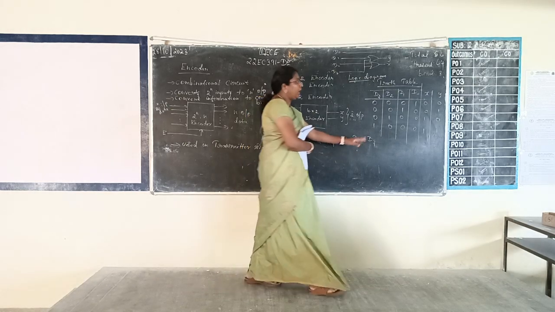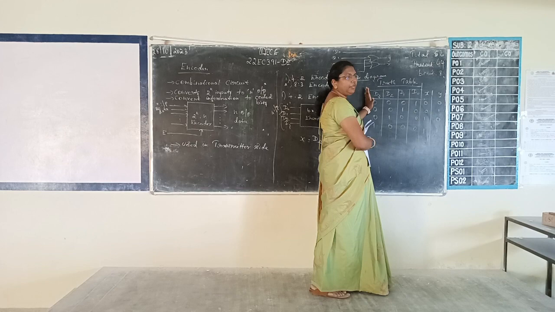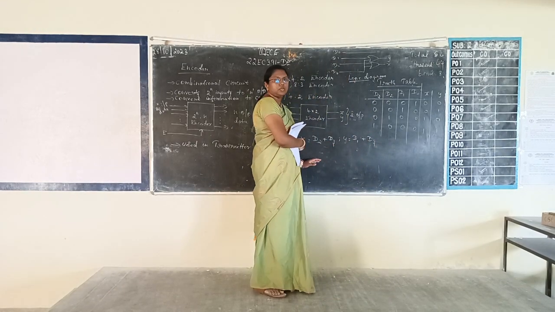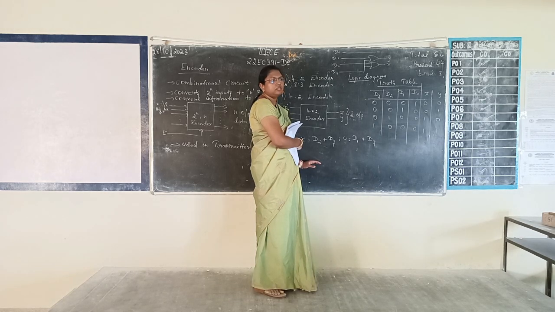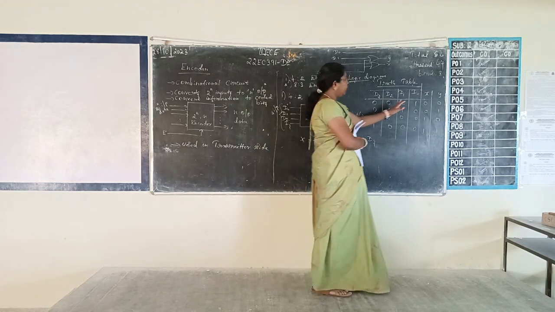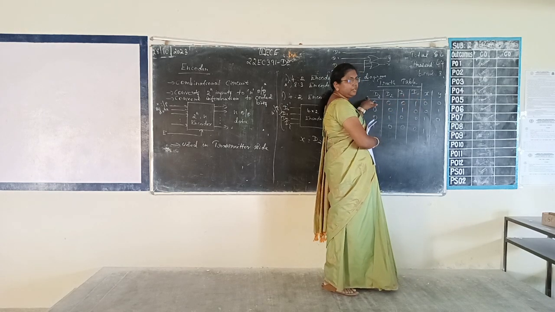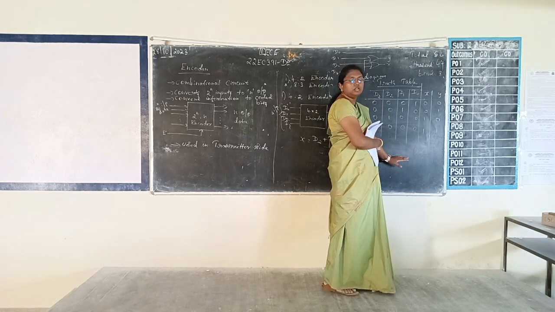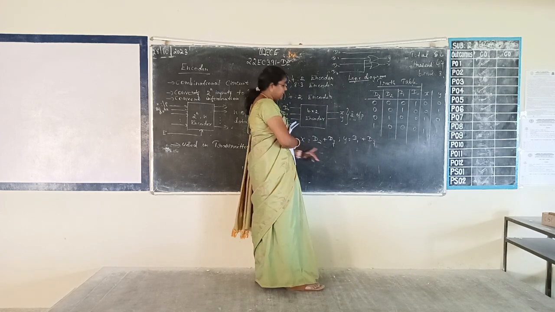So you have to draw the K-map for this table, put the ones, and get these values. Any doubts? You draw the K-map for D0, D1, D2, D3, then do the grouping, and then you get the X and Y values.